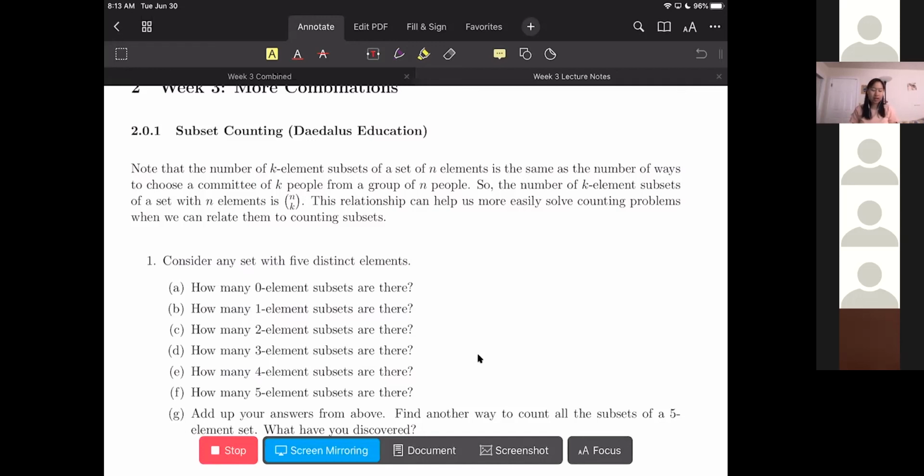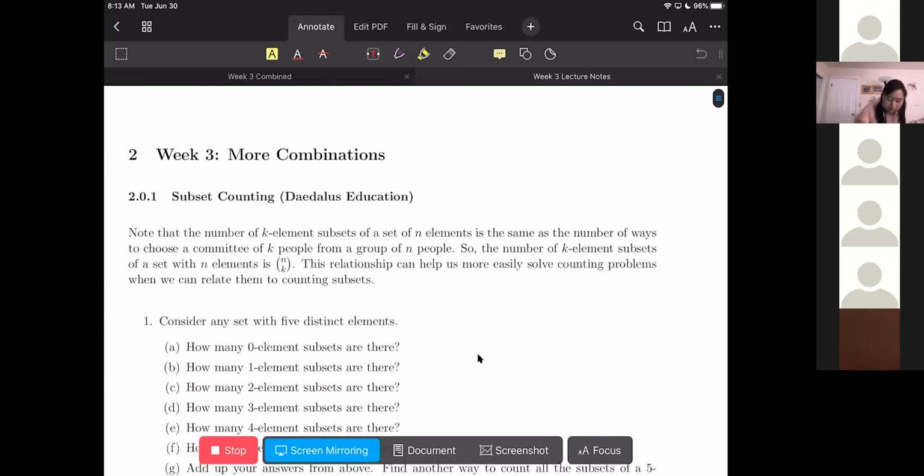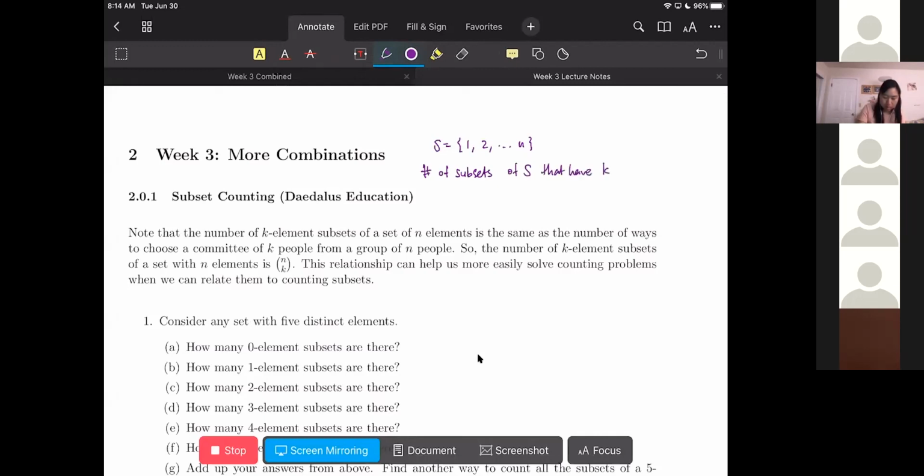So if I have a set S that has n elements in it, and I want to say how many subsets of S have k elements, then that's going to be n choose k.